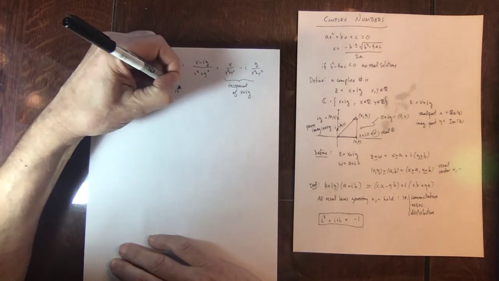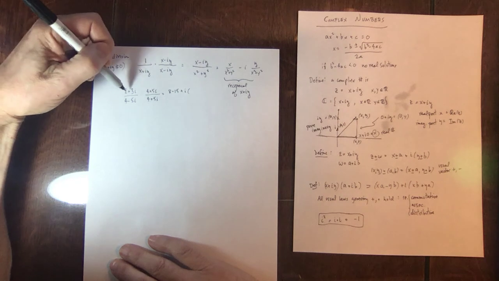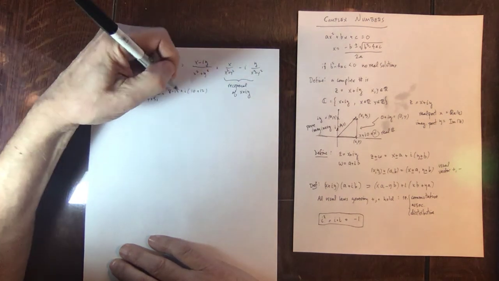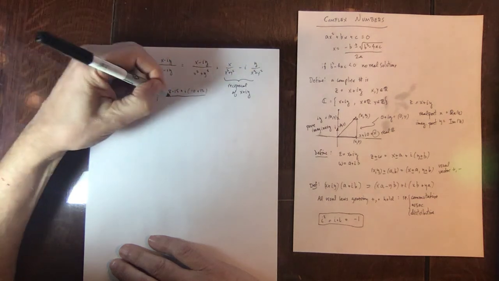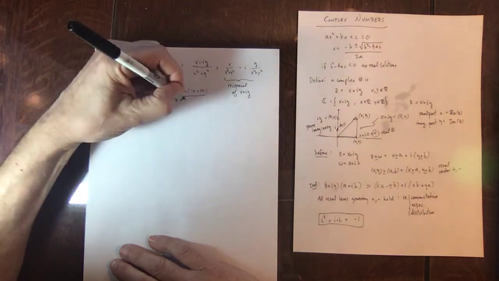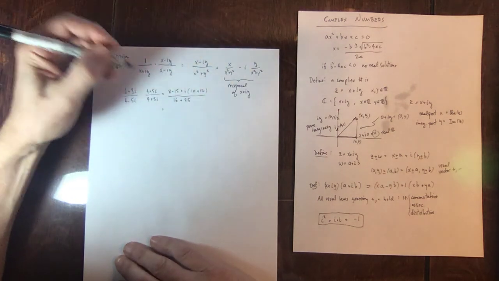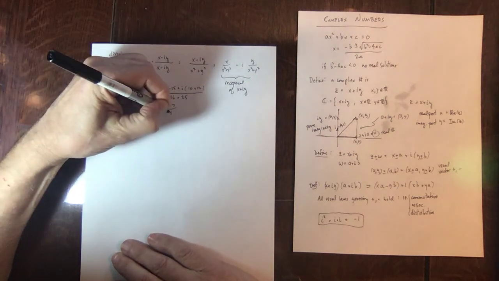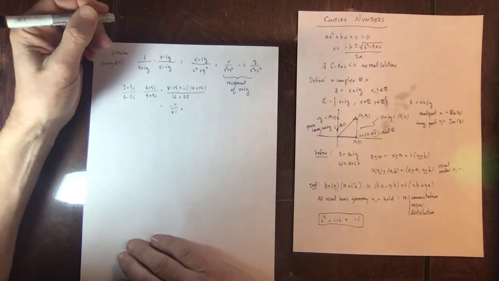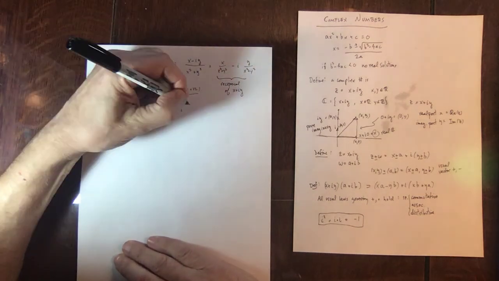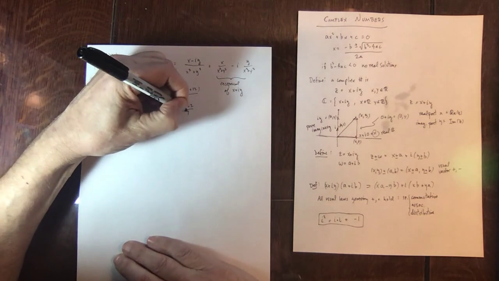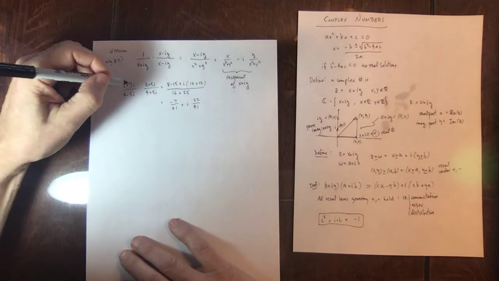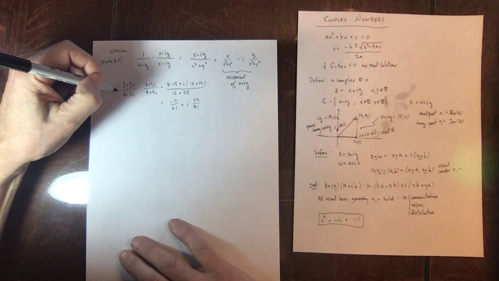So 8 minus 15 plus i times 2 times 5 and 3 times 4, divided by 16 plus 25. So you end up with minus 7 over 41 plus i times 22 over 41. And there's your complex number. So that would be how you divide this number.